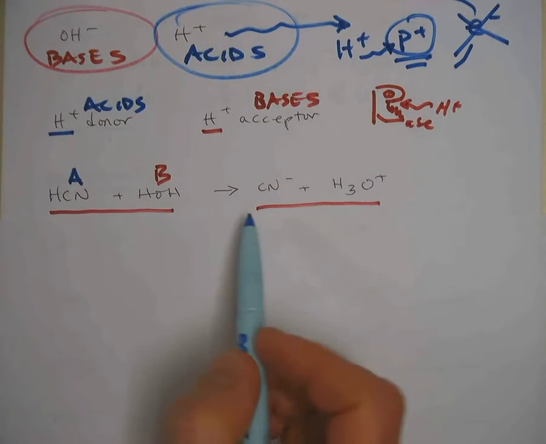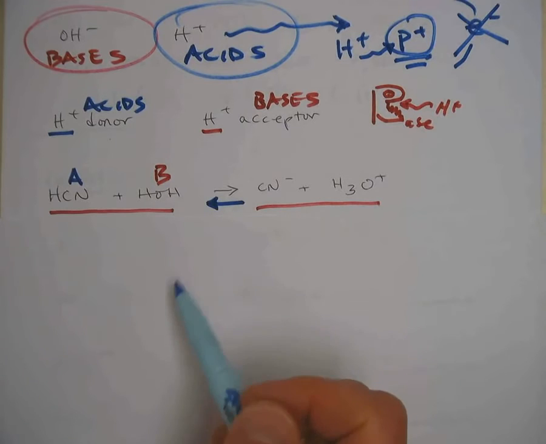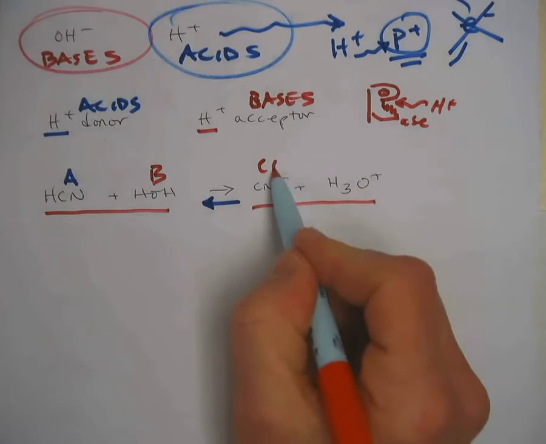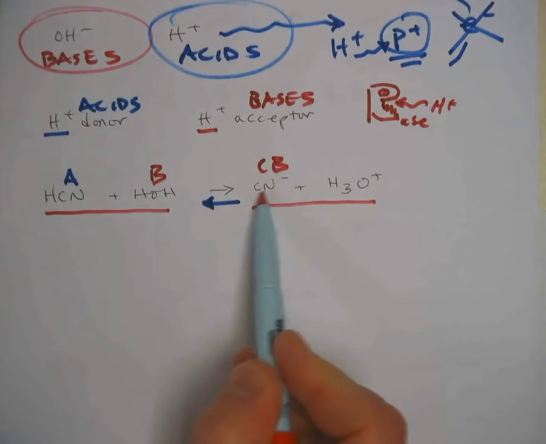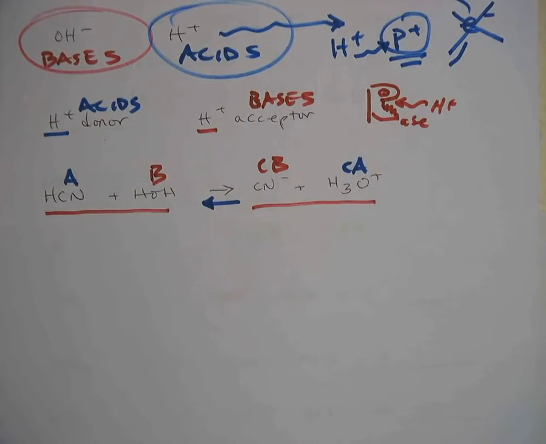Conversely, on the other side, you can look backwards in the reaction, except we don't call those acids and bases now, we call those the conjugates. So this would be the conjugate base because it would accept a proton, and this would be known as the conjugate acid because it is a proton donor. So acid, base, conjugate acid. Be good at identifying those.